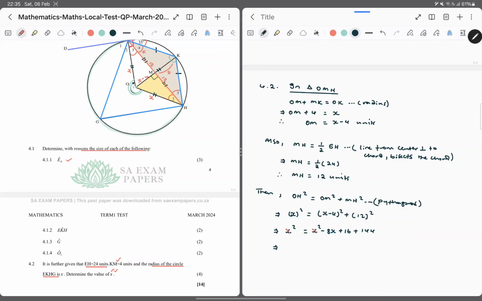So we can simply take our 8x to the left hand side, and we leave everything else. So 144 plus 16, this is going to be 150, isn't it? Did I say 150? Yeah, it should be actually 160, sorry.